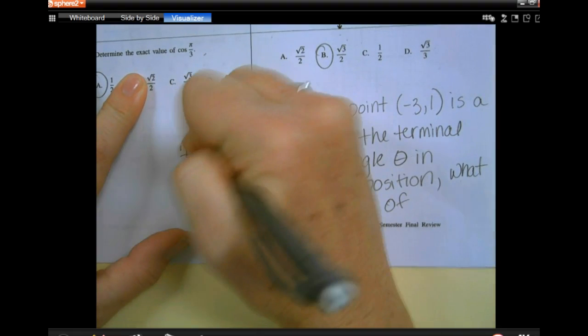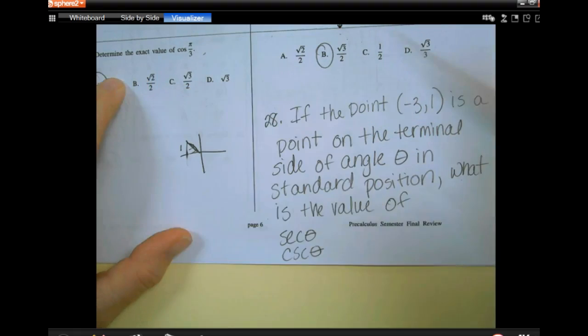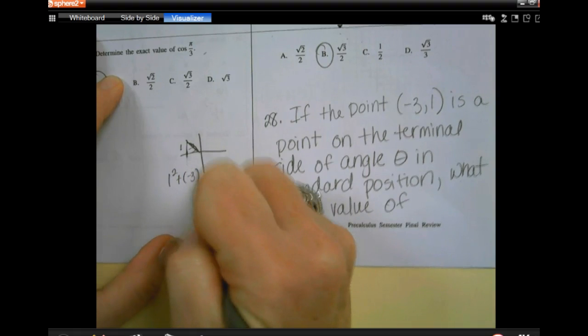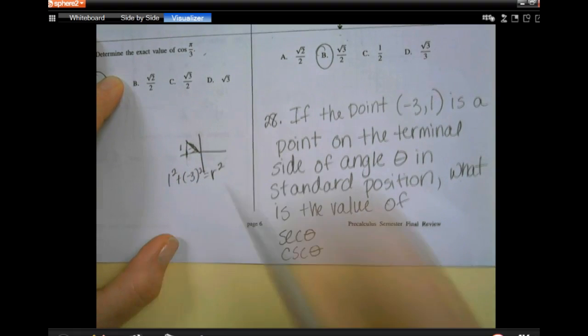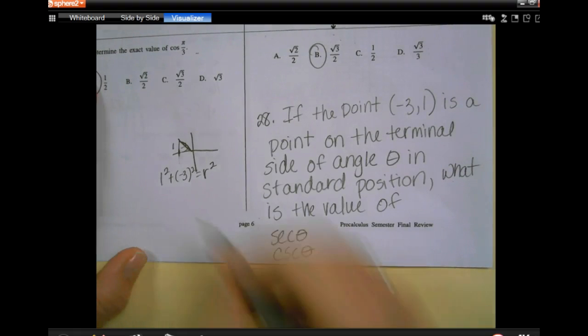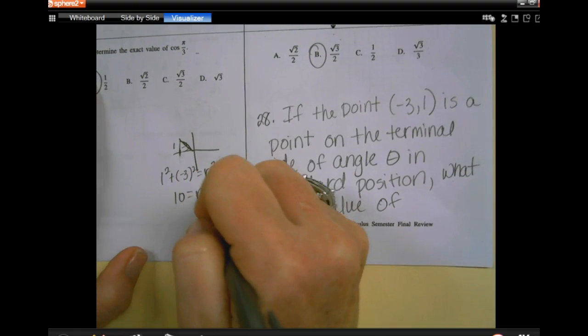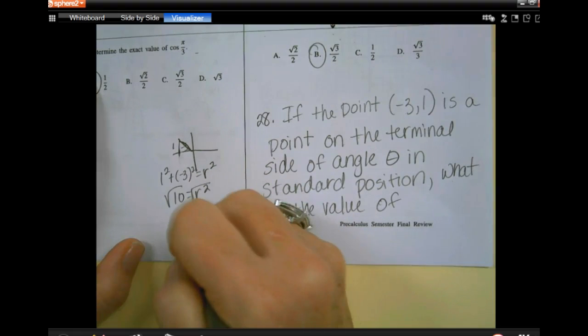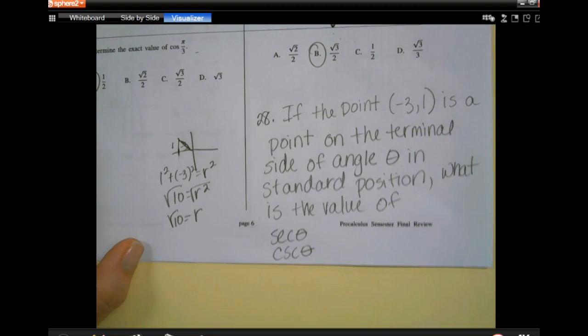So it's 1. So I have to find the r. I do 1 squared plus negative 3 squared equals r squared. So 1 plus 9 gives me 10. So my r, taking the square root on both sides, is the square root of 10.